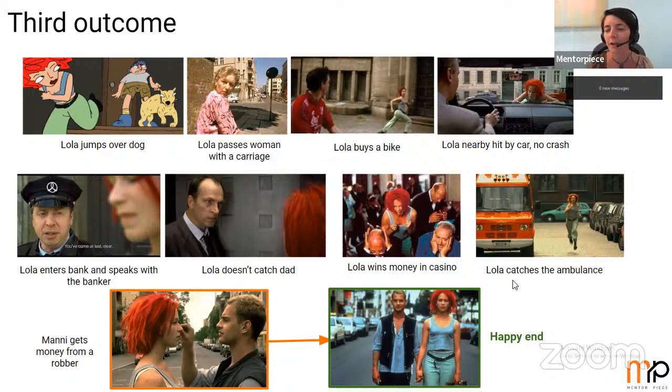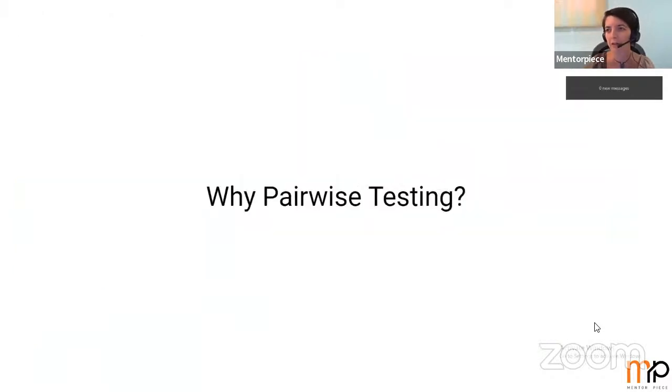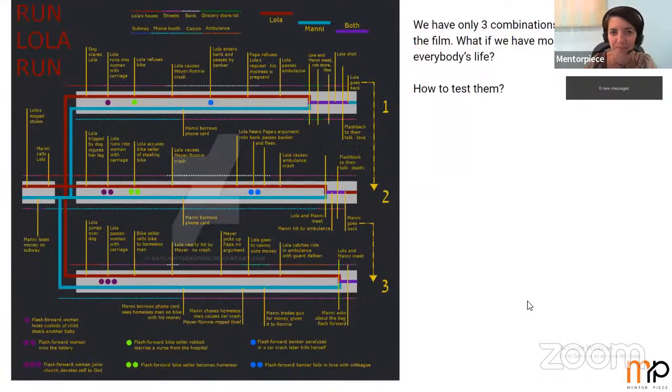So we have 3 variants of the reality and 3 ends of the film in one movie. So why are we talking about pairwise testing right now, and how could pairwise testing help us if we decided to test this film, this combination of events?